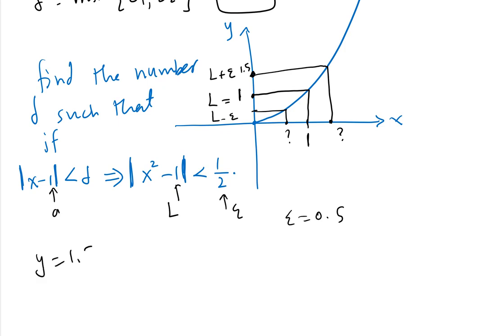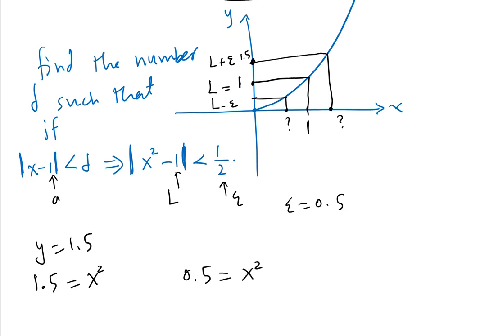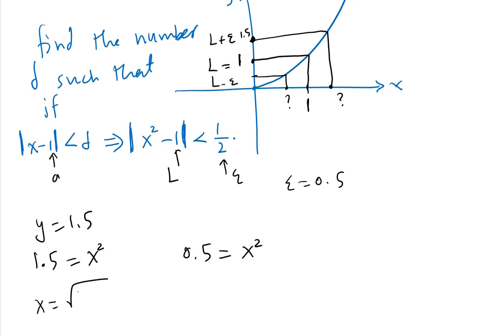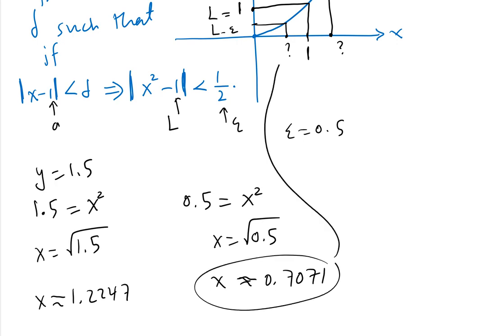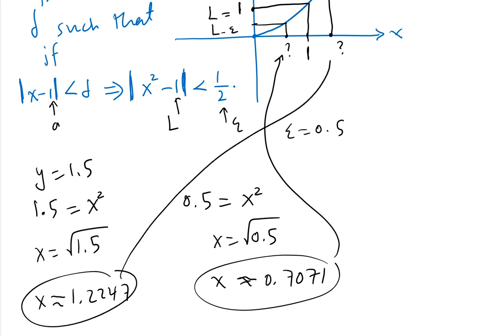So 1.5 equals x squared, and 0.5 equals x squared. So to find the x value, it is the square root of that. So x is about 1.2247, and here is about 0.7071. So this value goes in here, and this value goes in there.